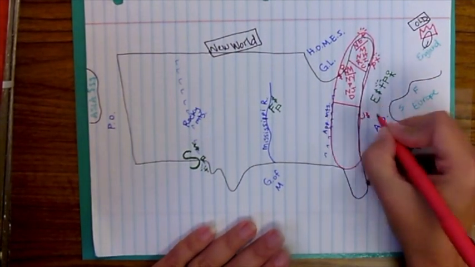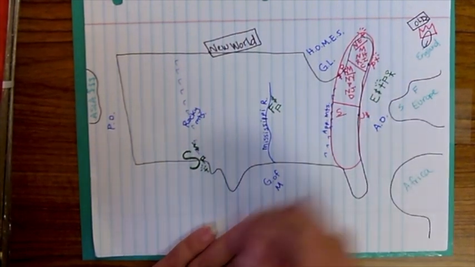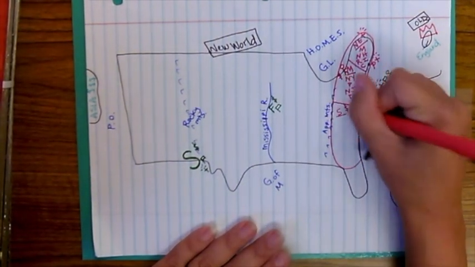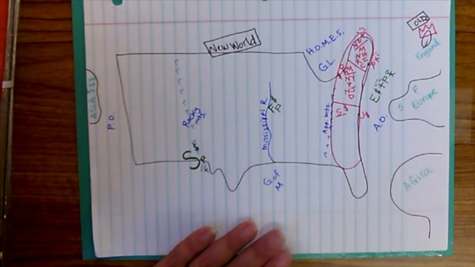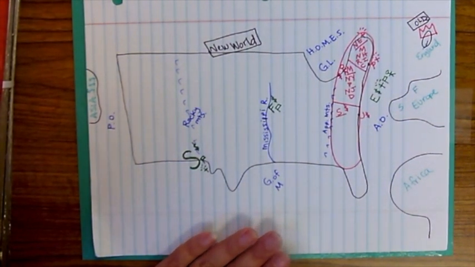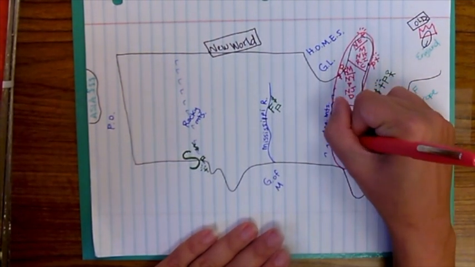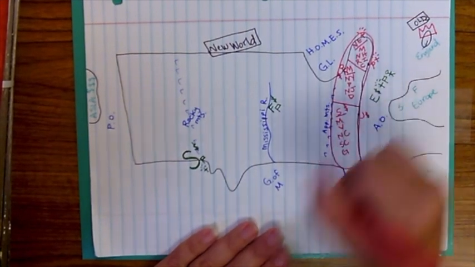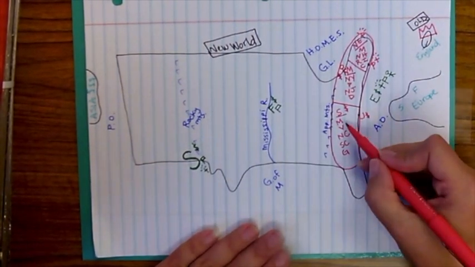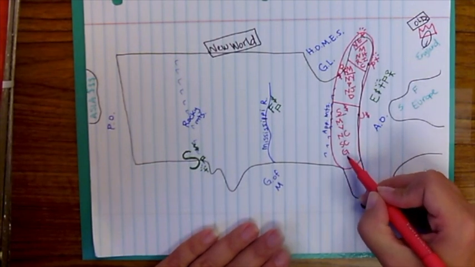The next colonies that Jamestown is a part of are the southern colonies. The southern colonies are going to be the economic purse. Always remember my money. To know my southern colonies, my mnemonic phrase is my very nice cousin sends Christmas gifts.